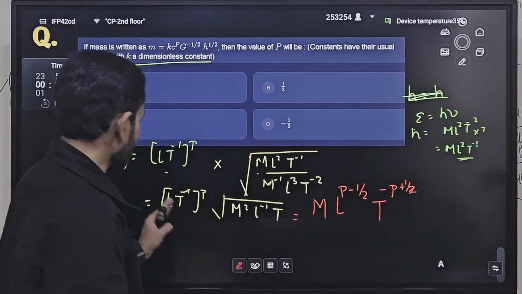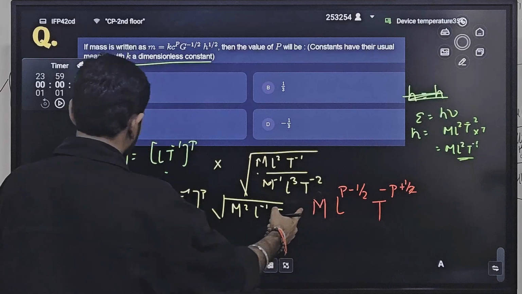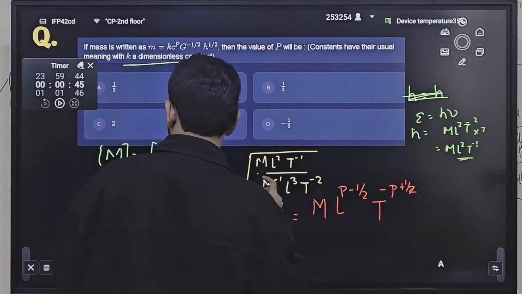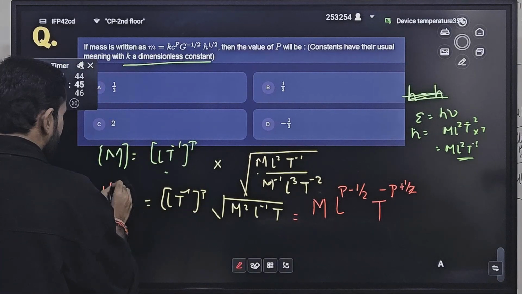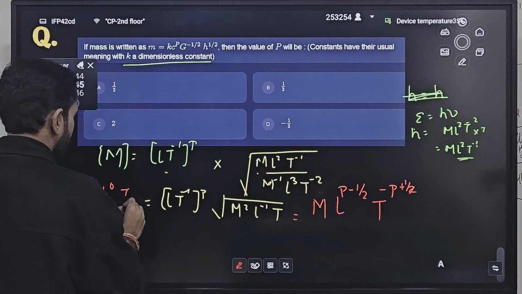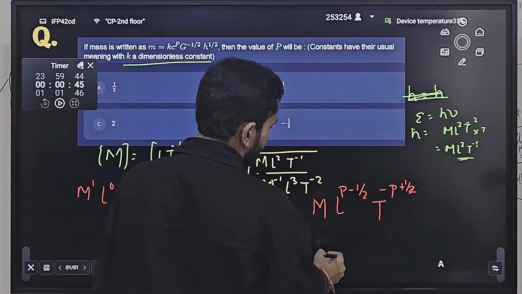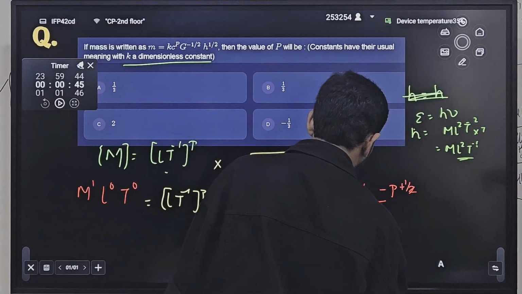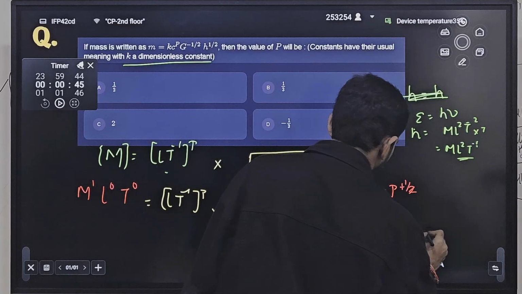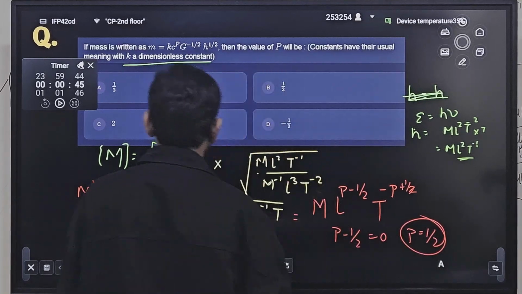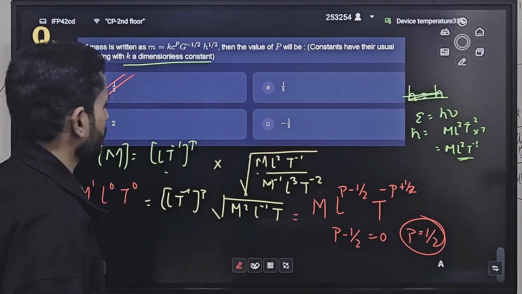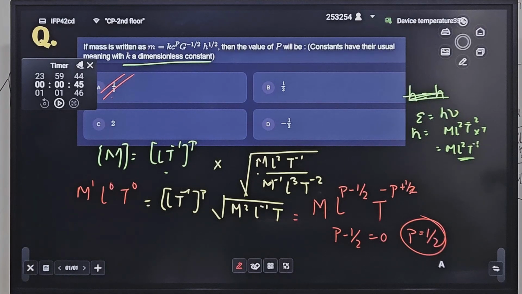Now when we compare the left side and the right side, M same, L power 0, T power 0. So I can say that P minus half after comparing should be equal to 0. That is what it is. P is equal to nothing but half.